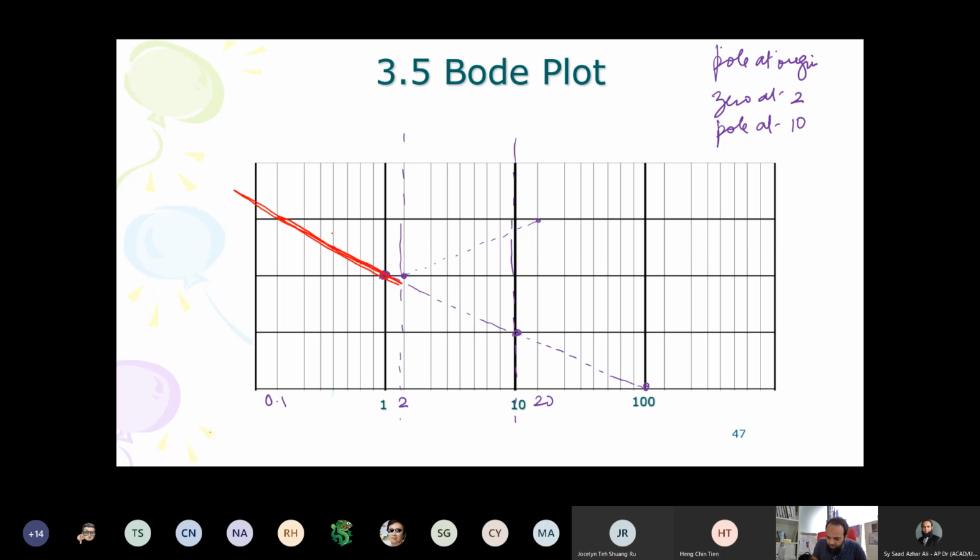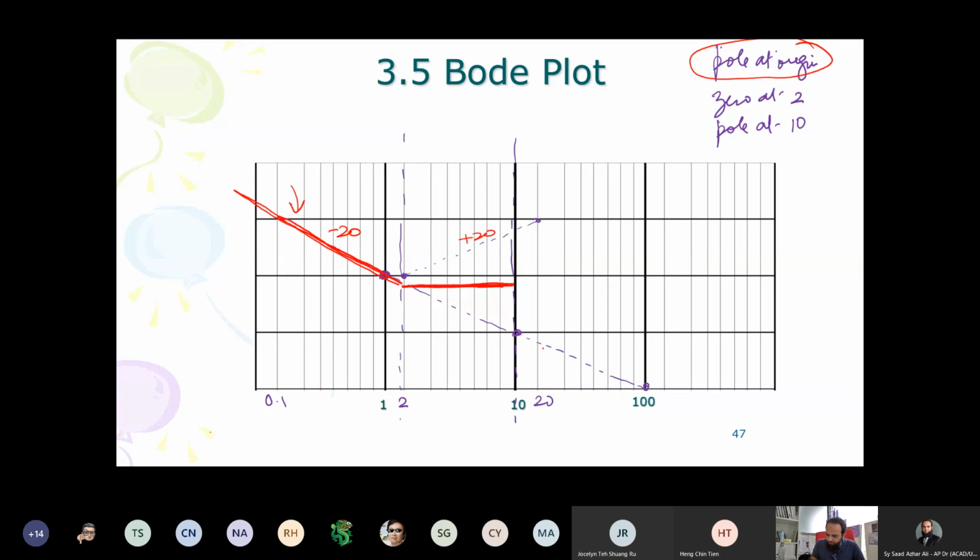Right now this is minus 20 and this is plus 20. At 2 they will cancel out each other and this will make a flat line until the next corner frequency. Everyone following?